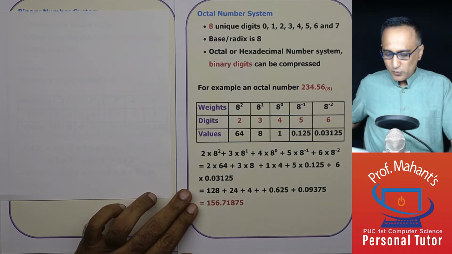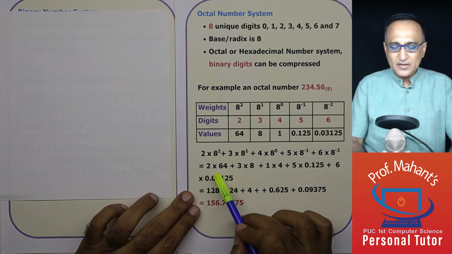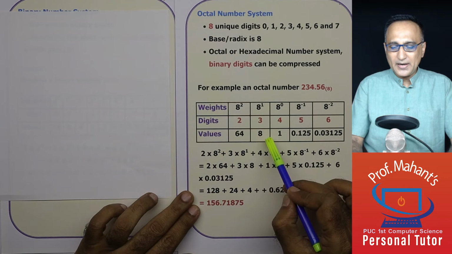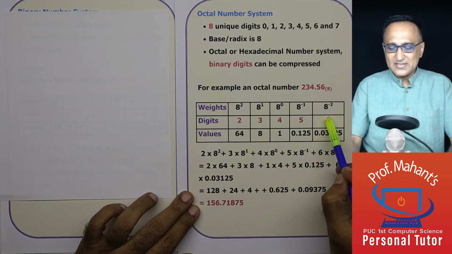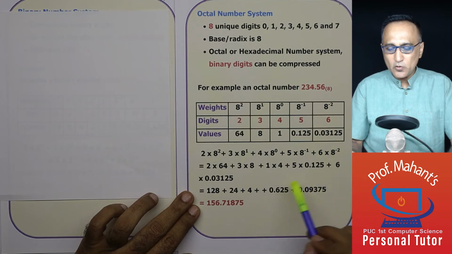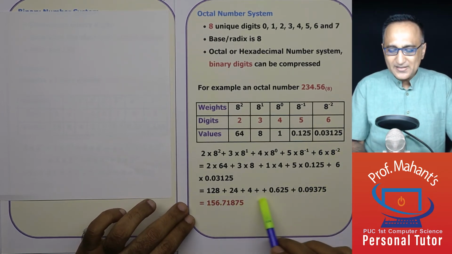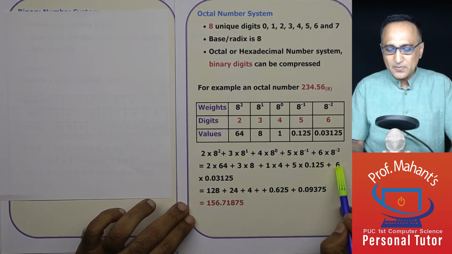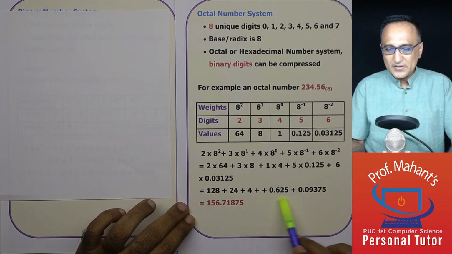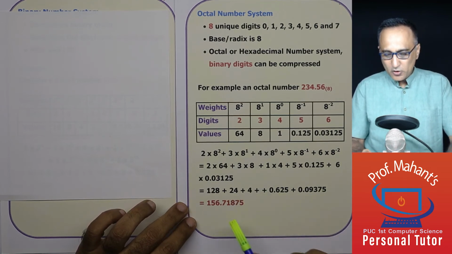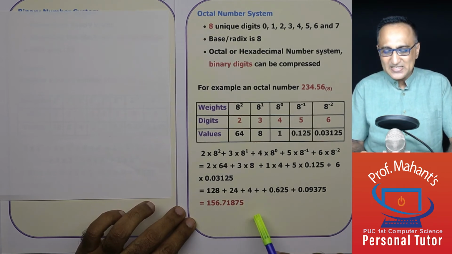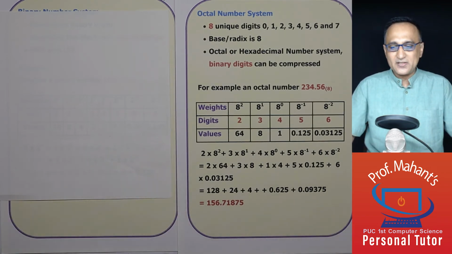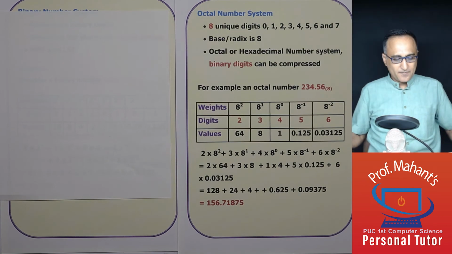That value ends up becoming equal to 2 into 64, 3 into 8, 4 into 1, 5 into 0.125, 6 into 0.03125. After you resolve this, multiply this, and add it up, you are going to get the number 156.71875. You can verify this on your own and give it a check.